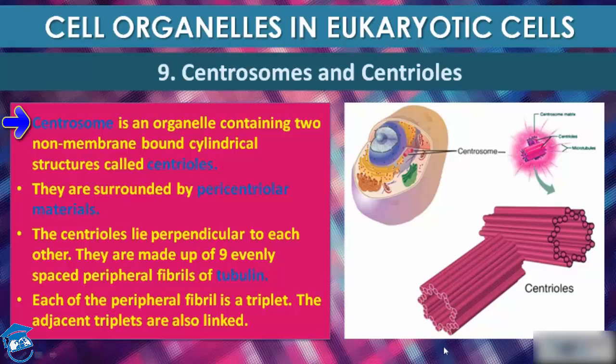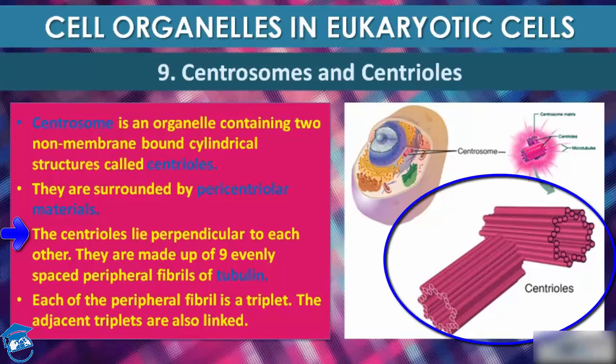So it contains two cylindrical non-membrane bound structures, which we call centrioles, and they are surrounded by amorphous pericentriolar material. The centrioles lie perpendicular to each other, at 90 degrees. One is this and the other is this, and they always orient in the perpendicular direction.